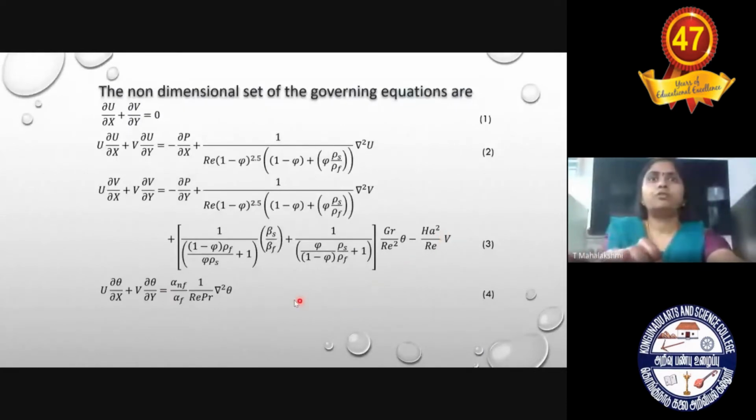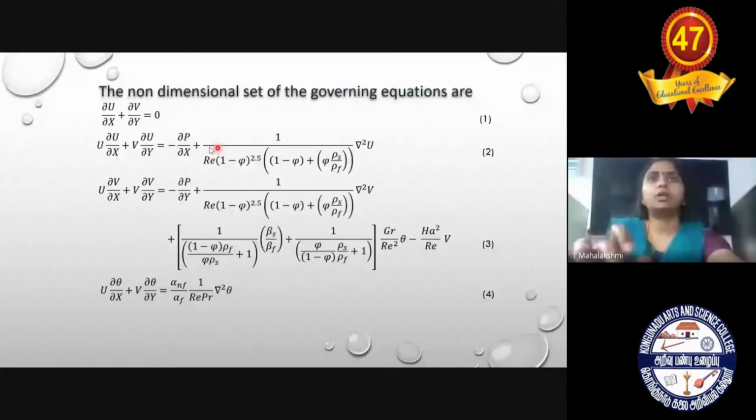So first we have to formulate the equations. The non-dimensional set of governing equations considered in this problem are the equation of continuity, U momentum equation, V momentum equation, and temperature equation.